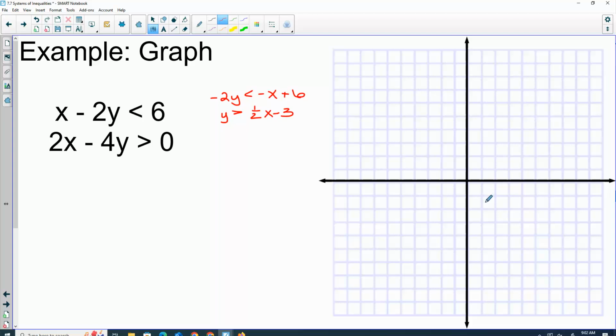So when graphing this one, the y-intercept is negative 3, on the y-axis at negative 3. The slope is 1/2, so up 1 over 2. Solid or dashed line? Dashed, because there's no equal to.